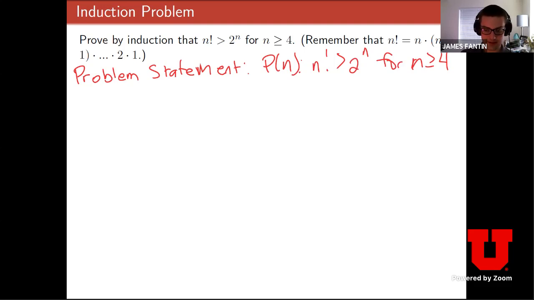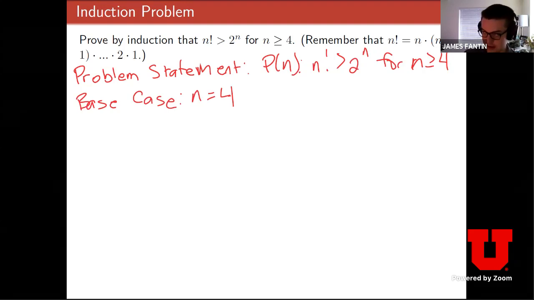So we've got the problem statement. Then we need to do the base case. So what would the base case be for this problem? Yeah, perfect, someone in chat says n is equal to 4, because that's the smallest possible value we could have for n.